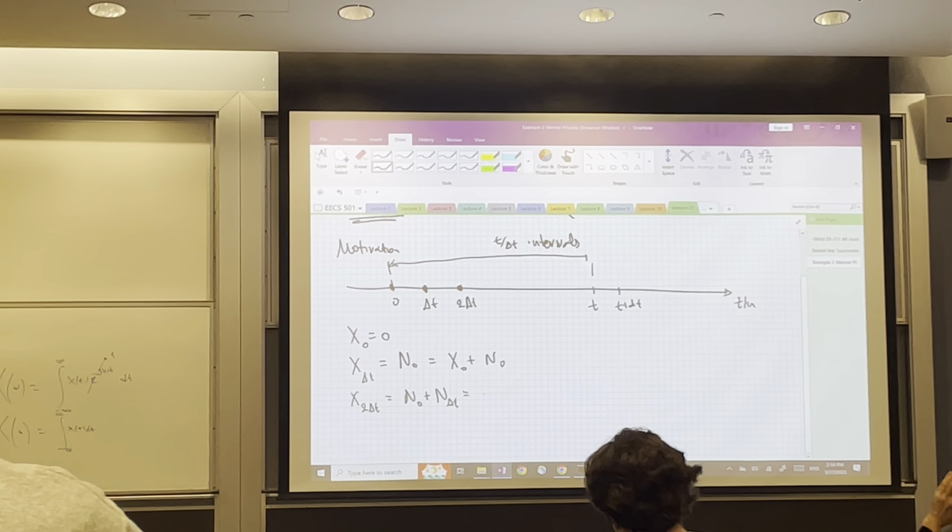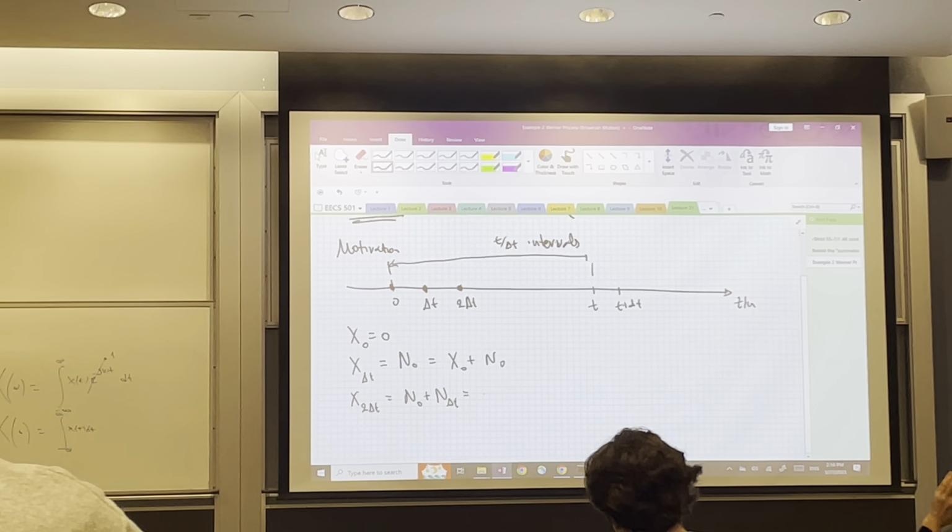What can I say about that? ni and nj are two Gaussian random variables that are independent because i and j are different time indices. So this is the mean of ni times the mean of nj, which is 0. And what about that? This is the variance of each ni, which I told you is sigma squared delta t, times how many they are, t over delta t of them.